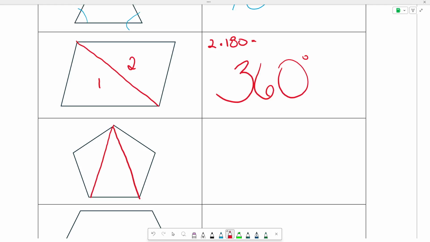I have now divided this into 1, 2, 3 triangles. So I'm going to do 3 times 180, because remember each triangle has 180 degrees. So that tells me a pentagon has 540 degrees inside of it, if I added up all the angles of my pentagon.